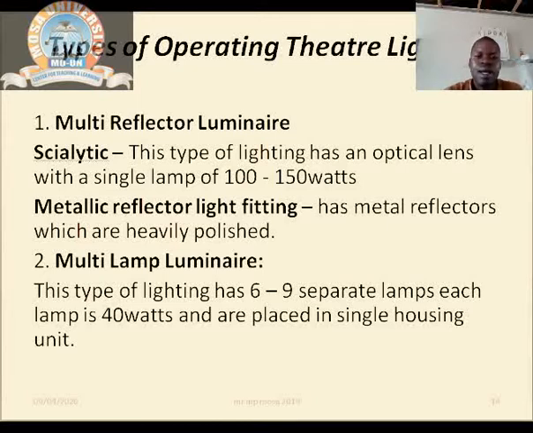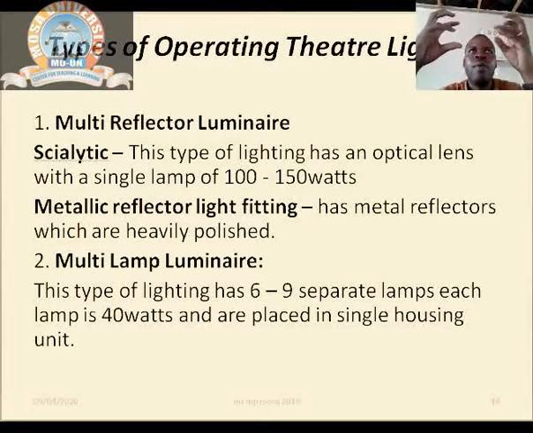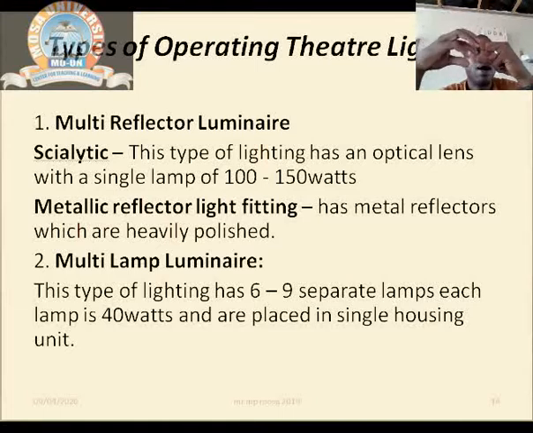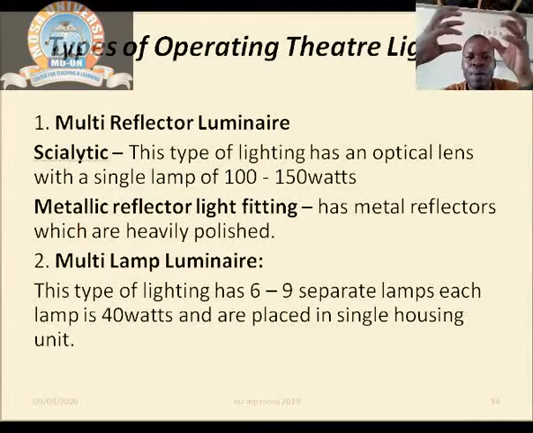So under this cyclic, it's a type of lighting that is used in theater where there is only one bulb, but this one bulb has high wattage, about 100 to 150 watts. So this bulb is capable of providing enough light when they are doing an operation.